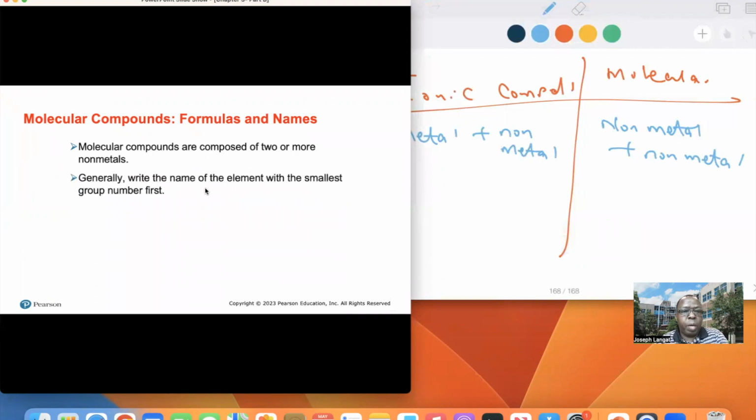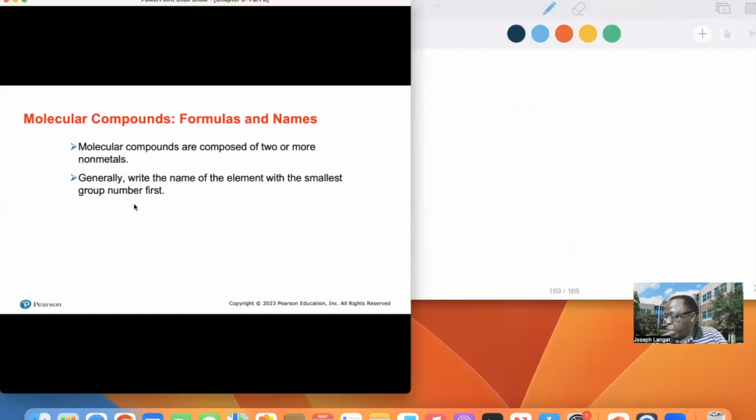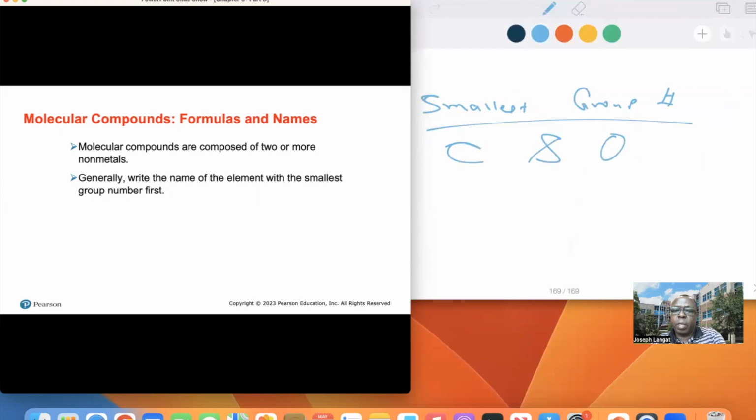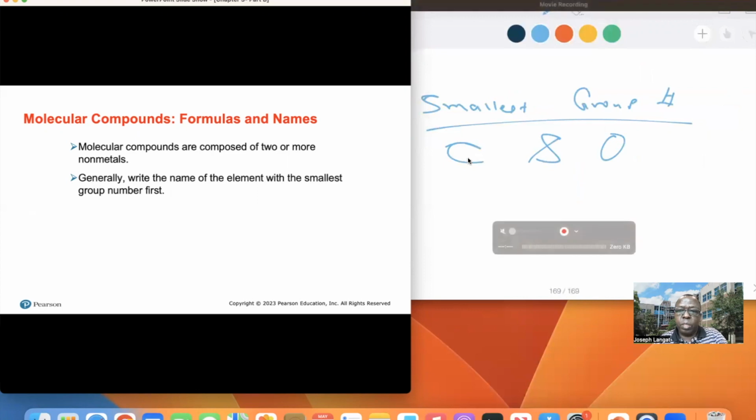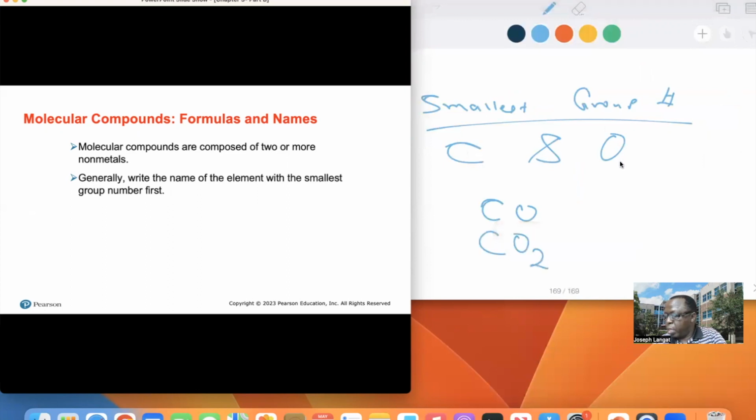Generally, you write the name of the element with the smallest group number first. What does this mean? In the case of carbon and oxygen, carbon is group 4 and oxygen is group 6. So we start with carbon: carbon monoxide, carbon dioxide.